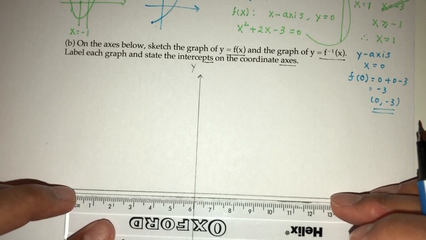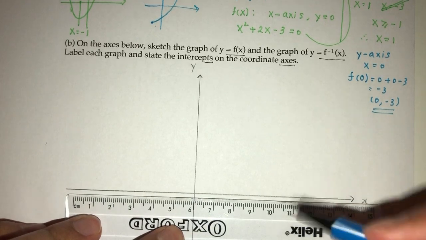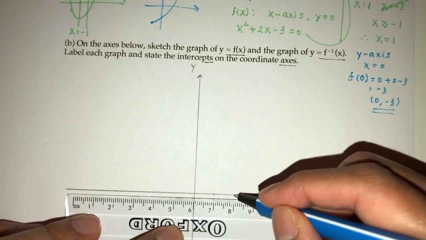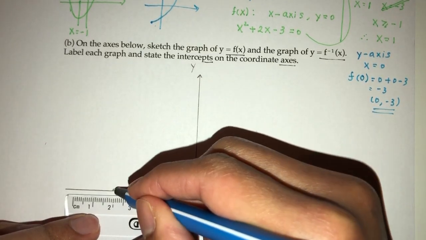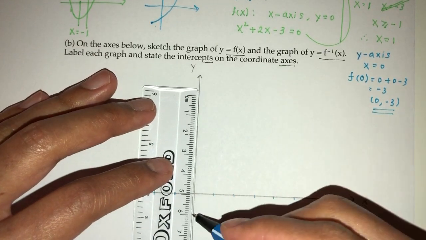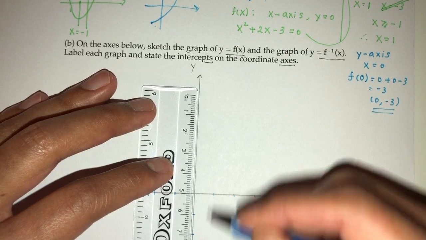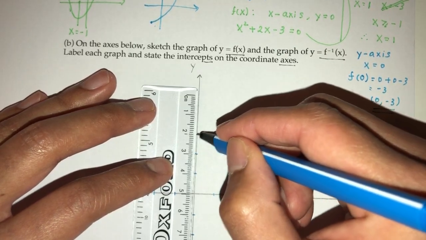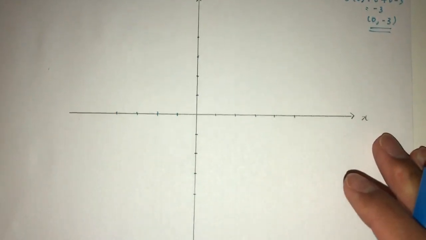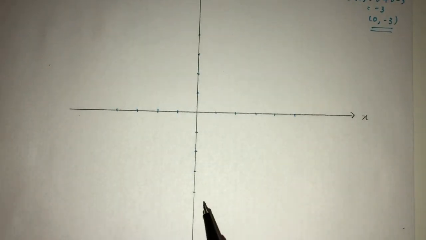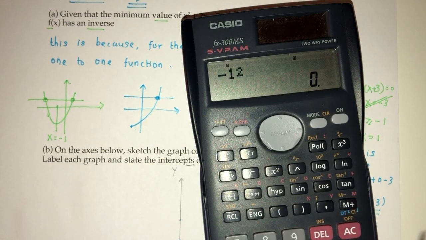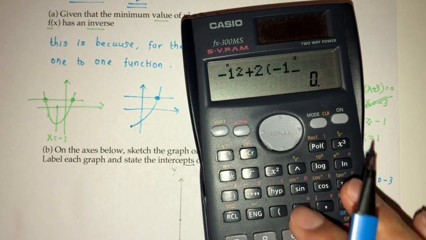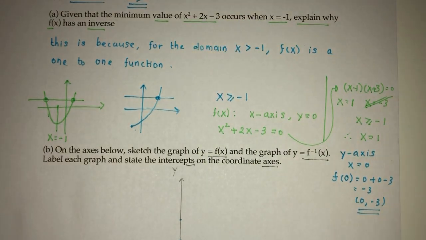So let's mark a few values here so we have an idea. Here we will have minus 3, right? What is the value of y when x equals minus 1? Replace: minus 1 squared plus 2 times minus 1 minus 3 gives minus 4.